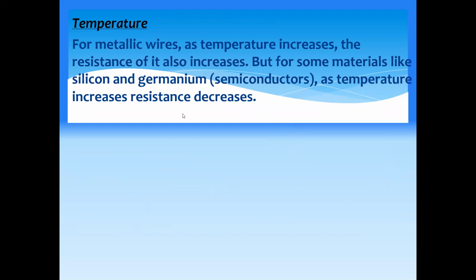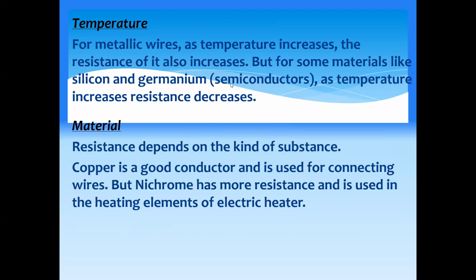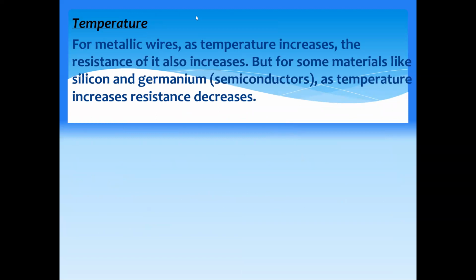Then what is the effect of temperature? For metals, an increase in temperature increases the resistance, but for semiconductors, an increase in temperature will decrease the resistance. The reason we already discussed. What could be the reason?